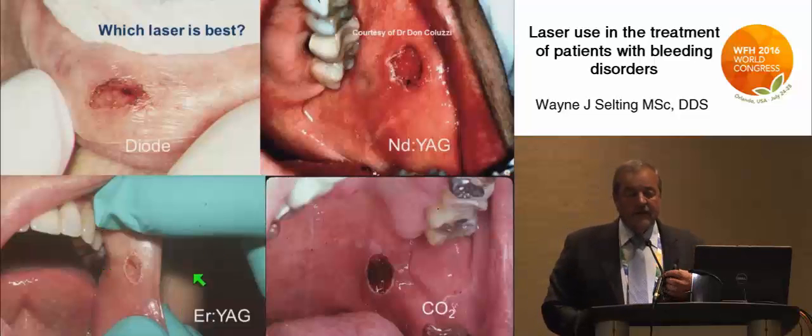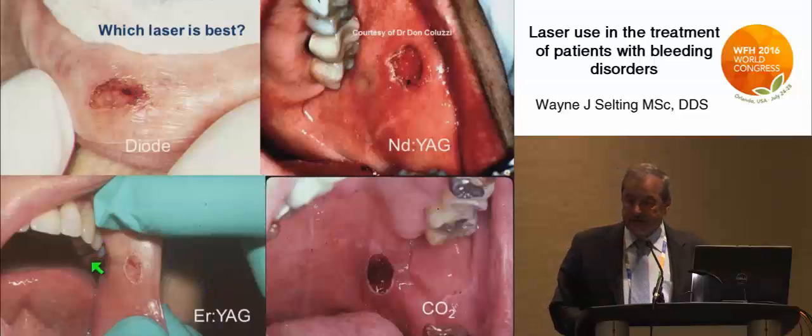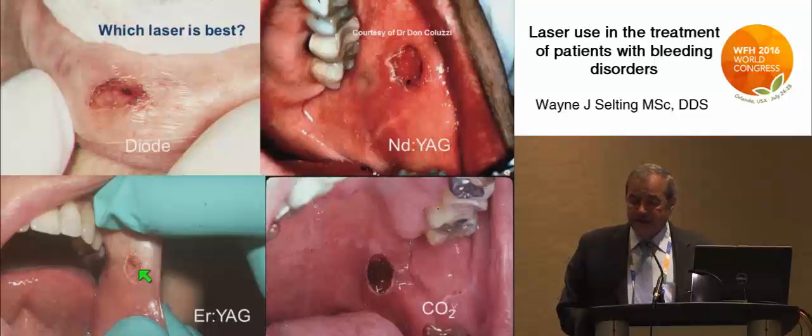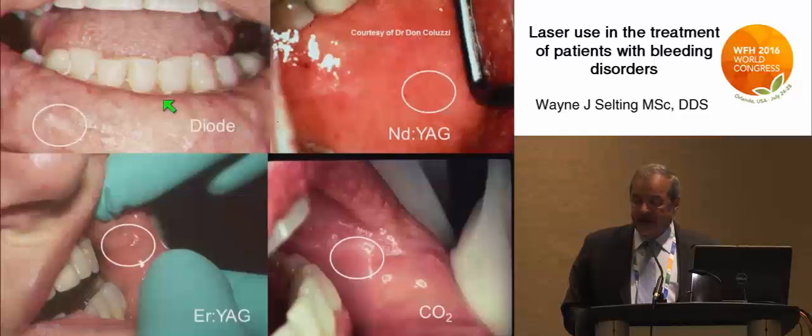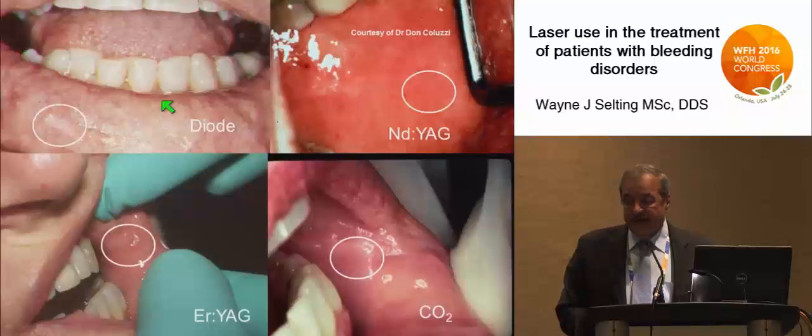For my normal patient, I every day decide, do I use the diode or do I use the erbium YAG, and it depends on the particular procedure. But for your patients, you would never use the erbium. Never. It would be like a scalpel. When you cut that tissue, it bleeds immediately. This has been cleaned up very nicely, but that's not what you see in the mouth. Diode becomes what you need.